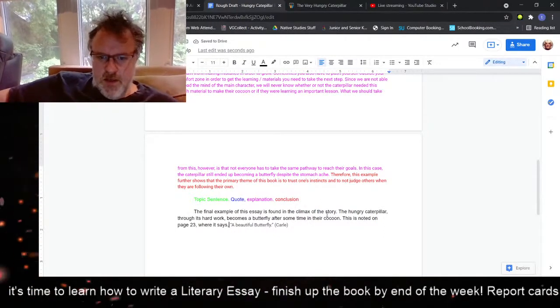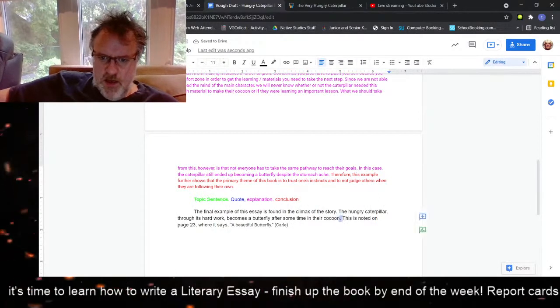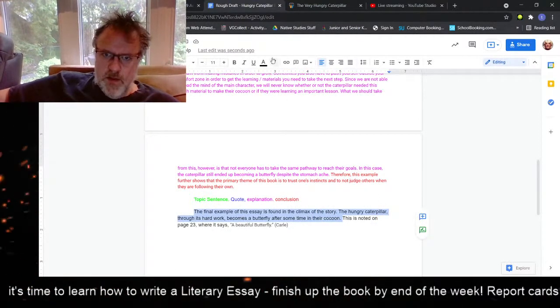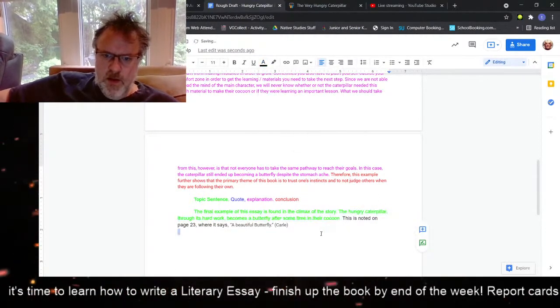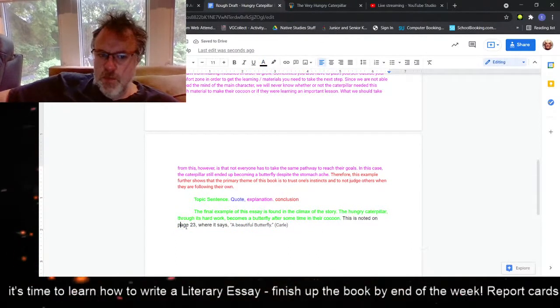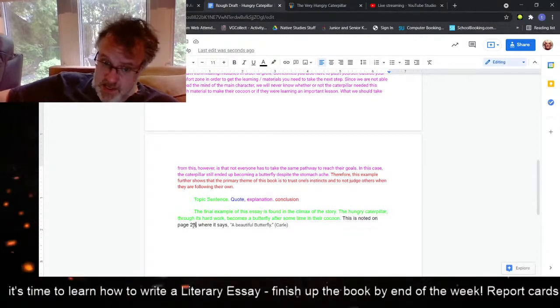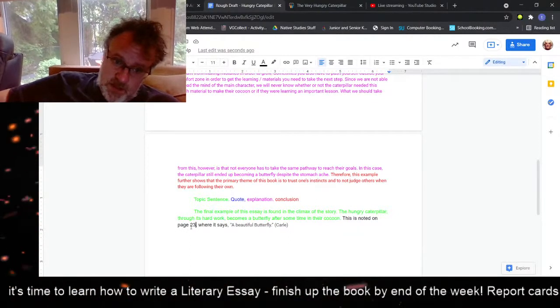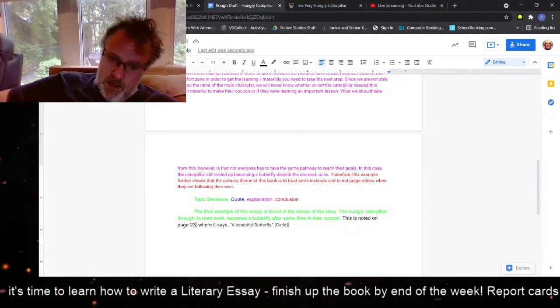So if you notice in this one, we have a topic sentence right here. Okay, so we can make this green. But in this case, for the quotation, I changed it up a little bit and I actually used the page number in the sentence. If you do this, you do not need to put the page number in the citation. You only need to have the author's last name.